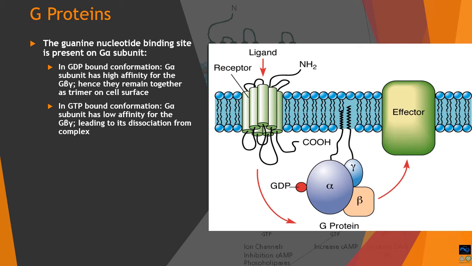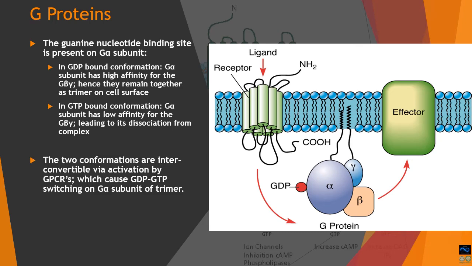This helps in the activation process. Then the signal is carried downwards by this activated alpha, which is bound to GTP. So the two conformations are interconvertible via activation of the GPCRs.